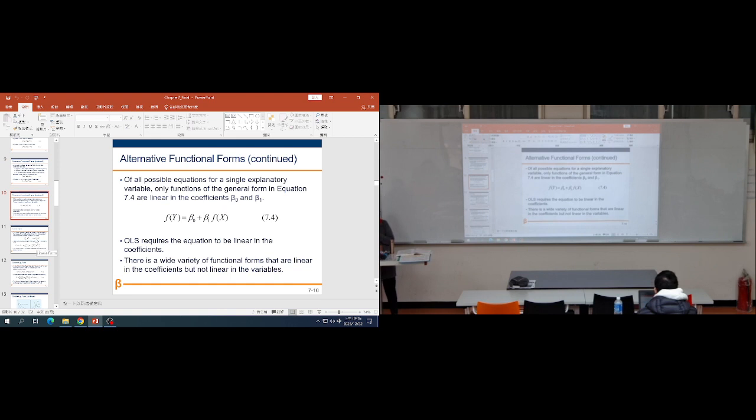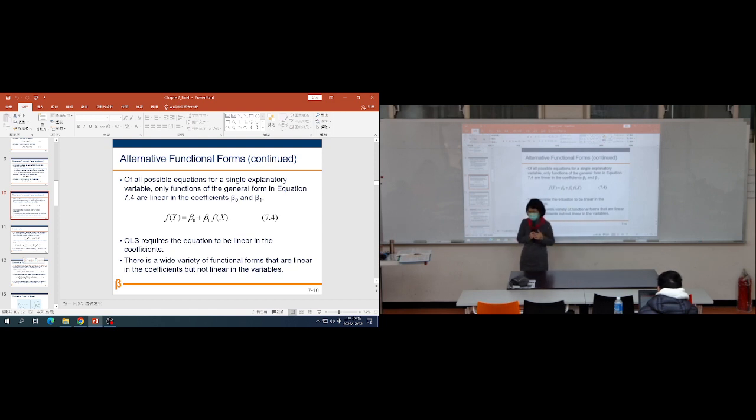We have several alternative functional forms which are also linear in the coefficient. By the way, if we have a different functional form, the explanation of the beta coefficient will be different.